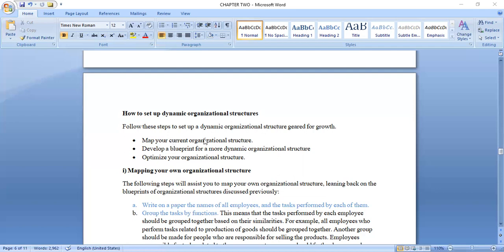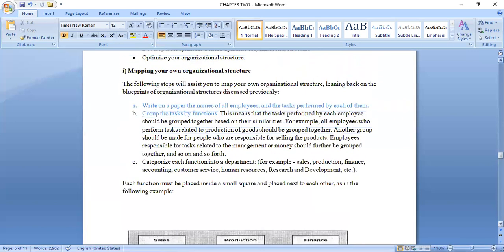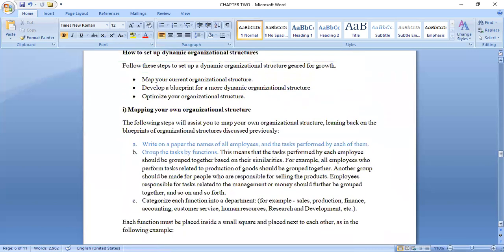So mapping your current organization structure is basically getting to know the type of organization structure that your company or business has. Secondly, develop a blueprint for a more dynamic organization structure. A blueprint is like a roadmap or a plan.